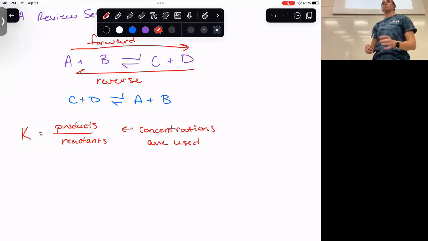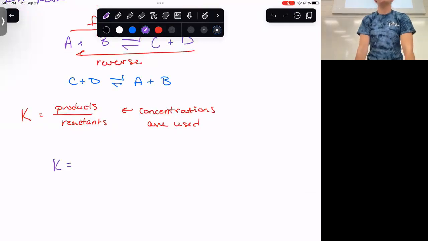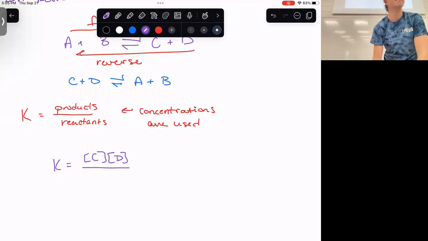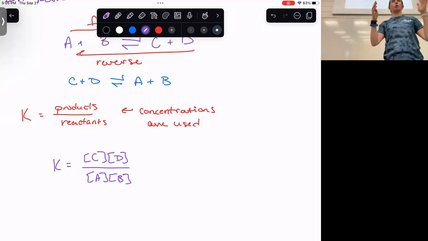Okay, so how would we write the K for A plus B goes to C plus D? What goes on top? And what goes on the bottom? Concentration of A, concentration of B. Perfect. Okay. Always products over reactants.